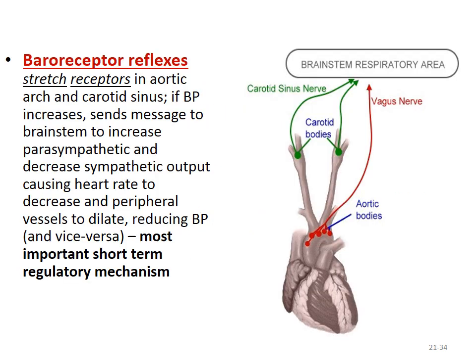Baroreceptors are stretch receptors that are found in the aortic arch of the aorta, and also in the carotid sinus of the carotid arteries. So these stretch receptors respond to blood pressure.